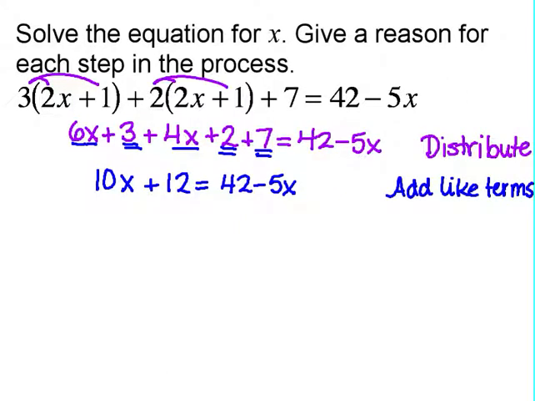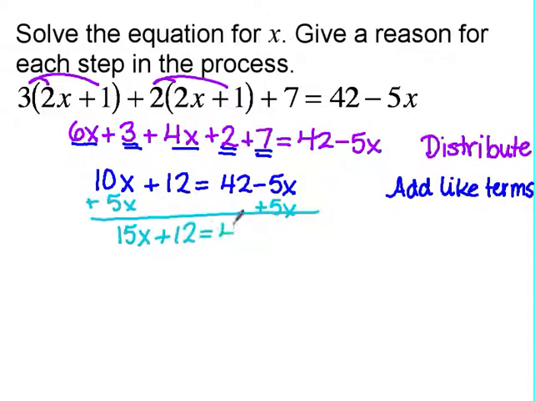Okay. What should we do now? Add 5x. So add 5x first. So I end up getting 15x plus 12 equals 42. Why can we do that? Well, that's just adding.